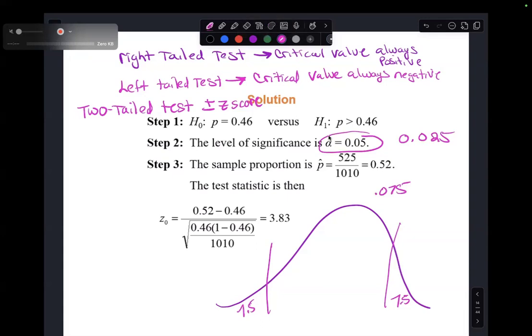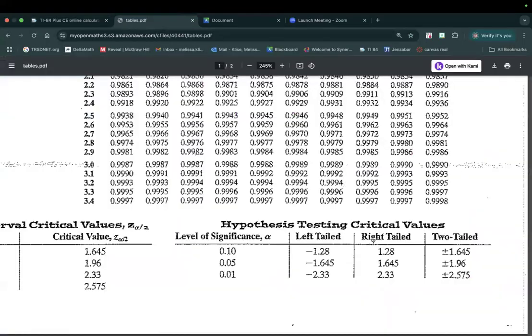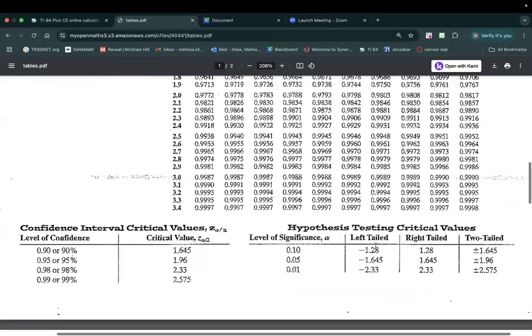Just like when we were doing center 90%, it's the same concept. And so that's why, if I go back here, notice that the critical values for hypothesis testing are the same. Look at the 90%. Remember that our confidence intervals were basically two-tailed, correct? It's the center 90%.